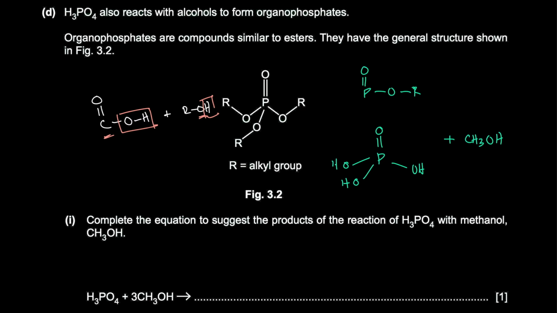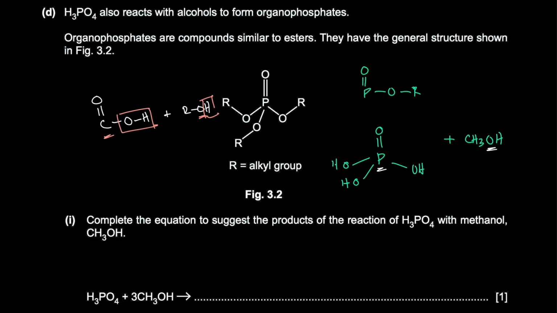The alcohol will react with this phosphorus, and the oxygen will bond to the P double bond O. The oxygen will bond to this phosphorus, similar to how it does with carboxylic acid, where the oxygen from the alcohol bonds to the C double bond O. So what do we end up getting?